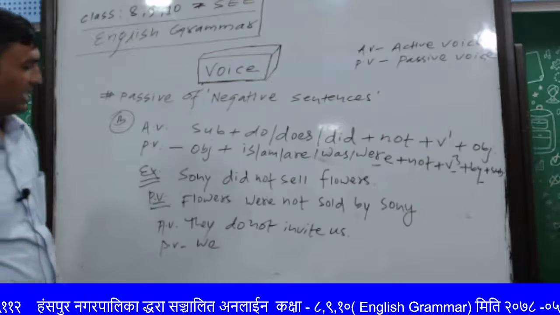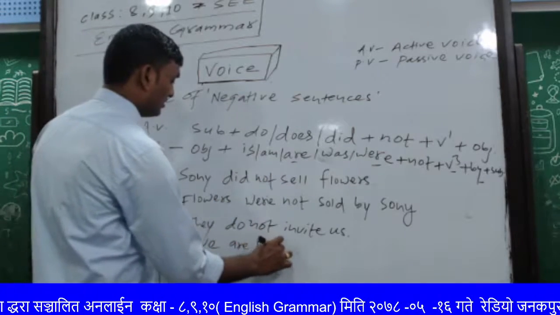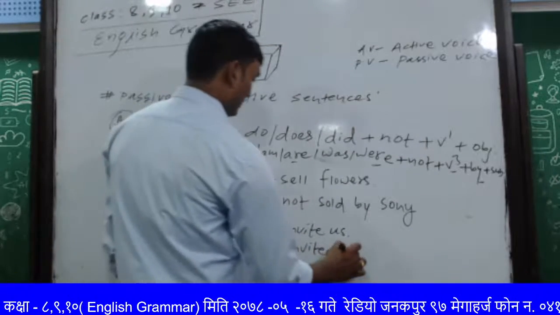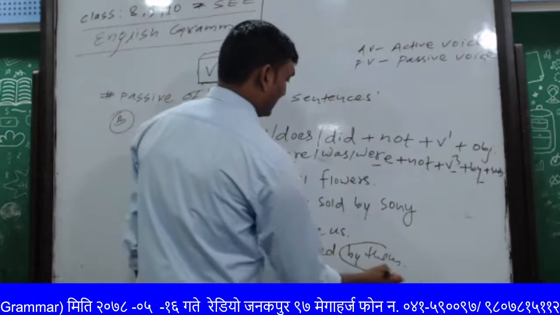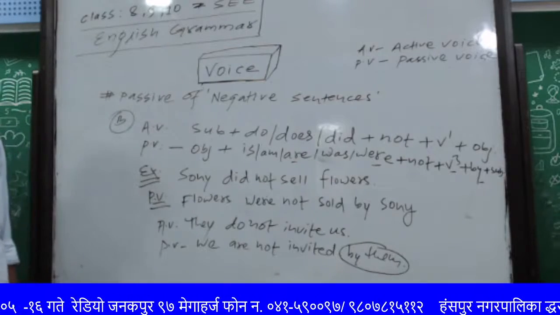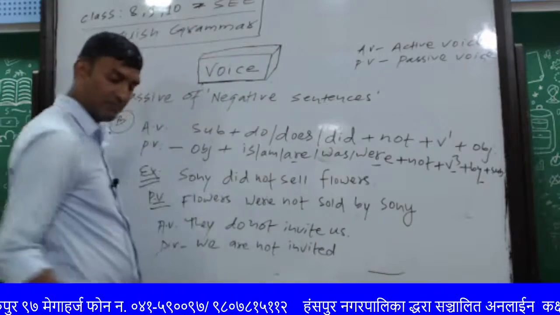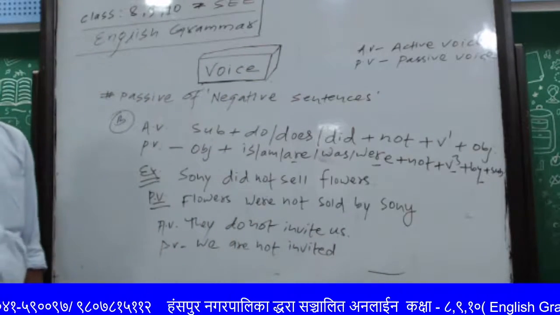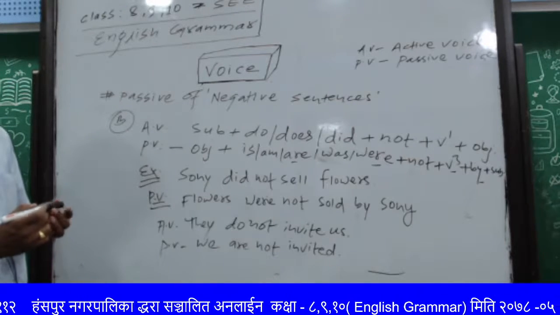Then we take are. So we are not invited by them, but by them, they is a vague subject. So the answer is: we are not invited. In this way, we can change.